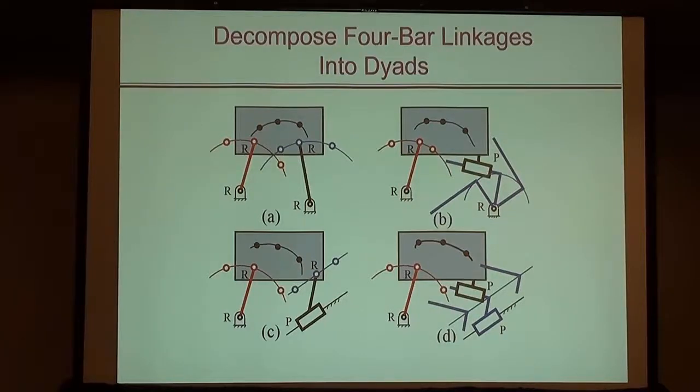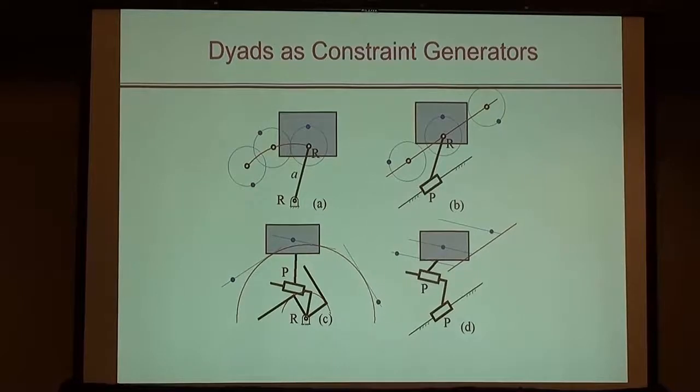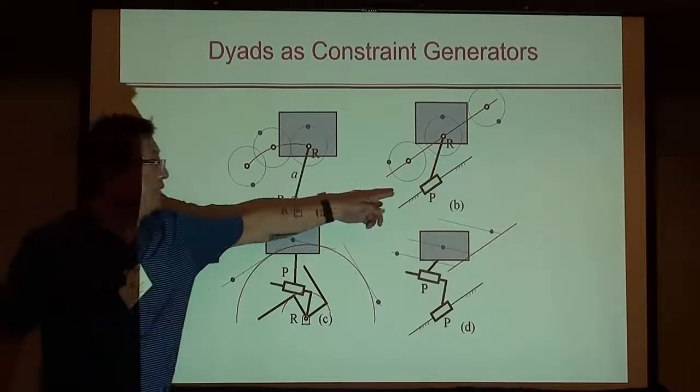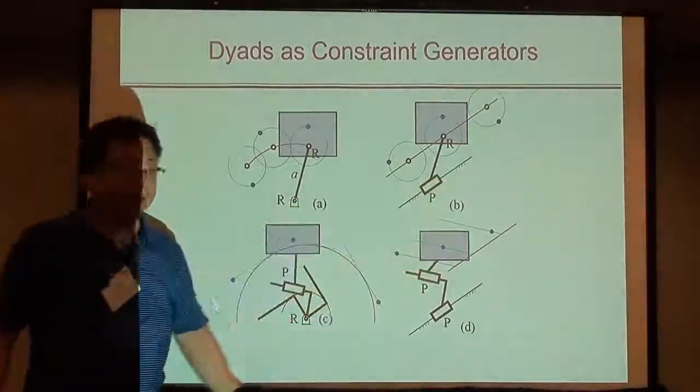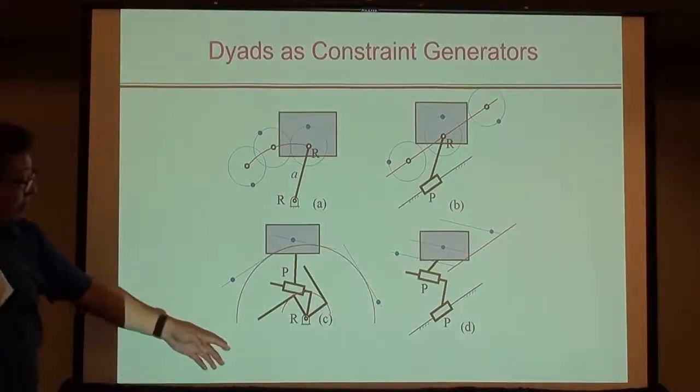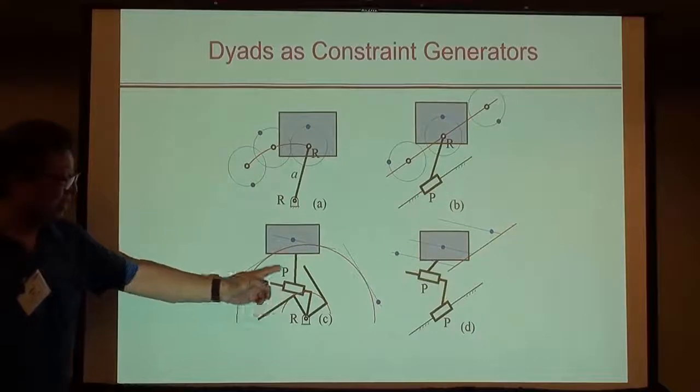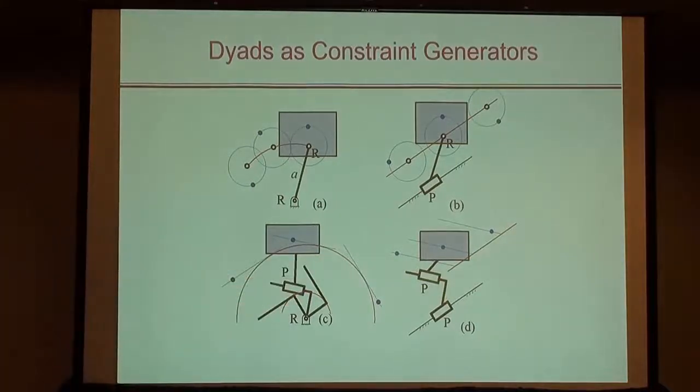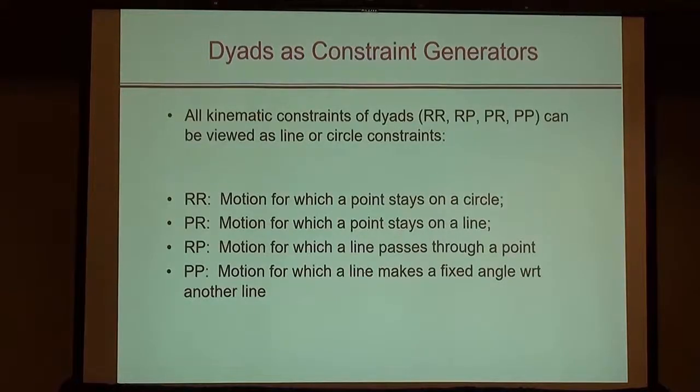If you use planar quaternion this way, we have different dyads, RR dyads, PR dyads, where P represents the translation, RP dyads and PP dyads. They can all be represented in the same way, and that's our goal.